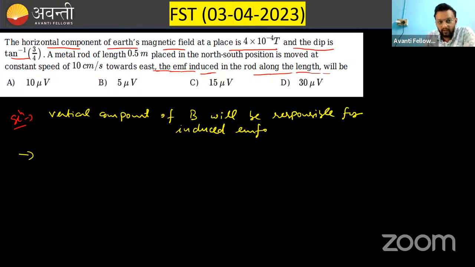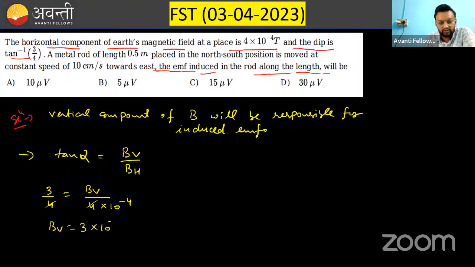Now, we are given with horizontal component, and there is a relation tan theta, or you can say tan alpha, equals vertical component divided by horizontal component. Tan alpha is nothing but 3 by 4, equals vertical component divided by horizontal component, which is given as 4 into 10 raised to the power minus 4. So vertical component will be, 4 and 4 will be cancelled, 3 into 10 raised to the power minus 4 Tesla. This is vertical component of Earth's magnetic field that we have calculated.